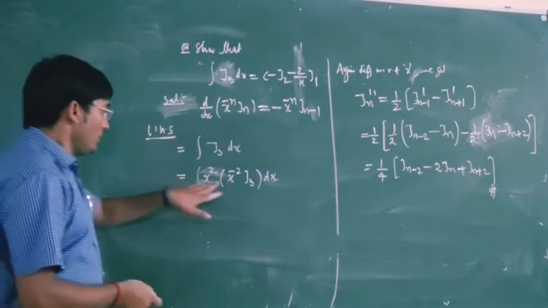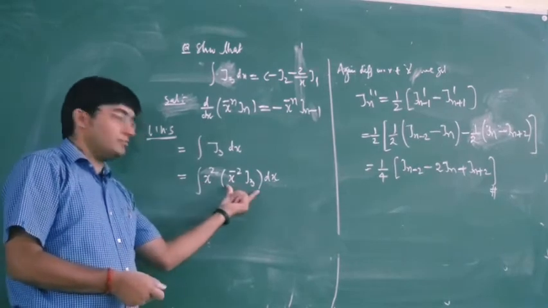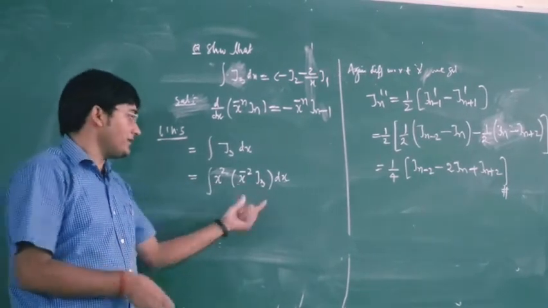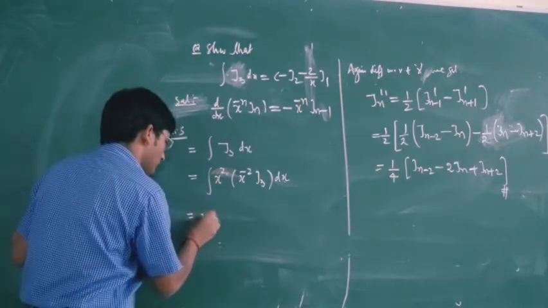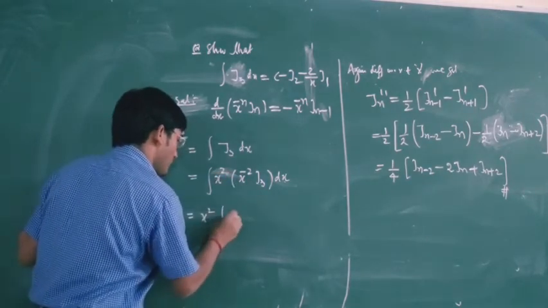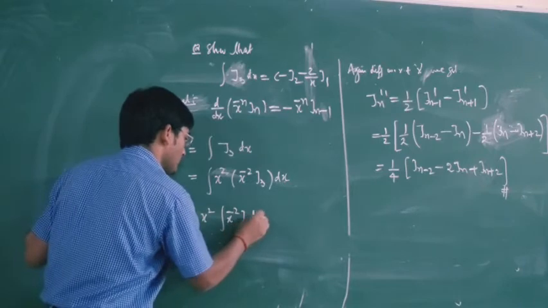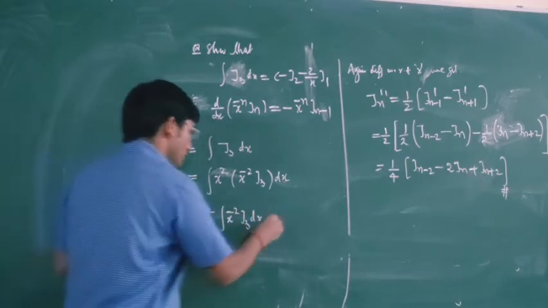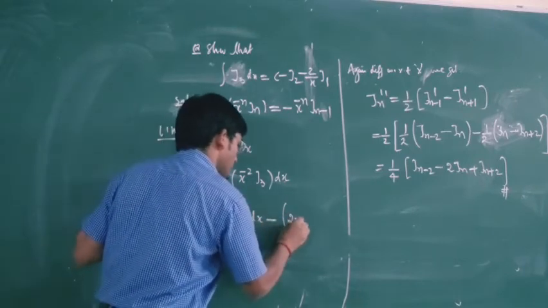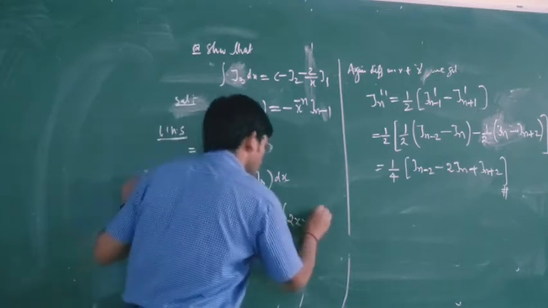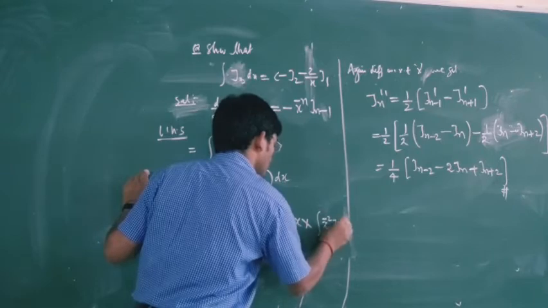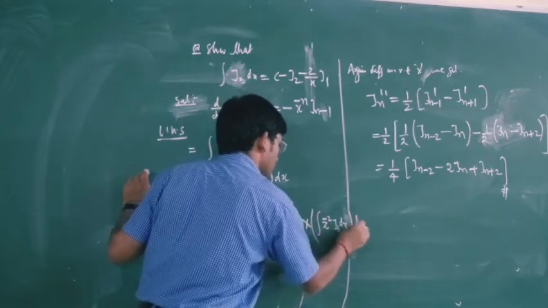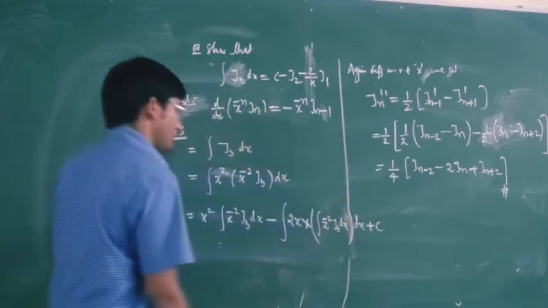So now let us integrate this term using integration by parts. So the integration of this will be x power 2 into the integral of x power minus 2 J3, and then we will have minus sign. Differentiation of x square will be 2x, and then the integration of this will be x power minus 2 into J3, and then we will have some integration constant.